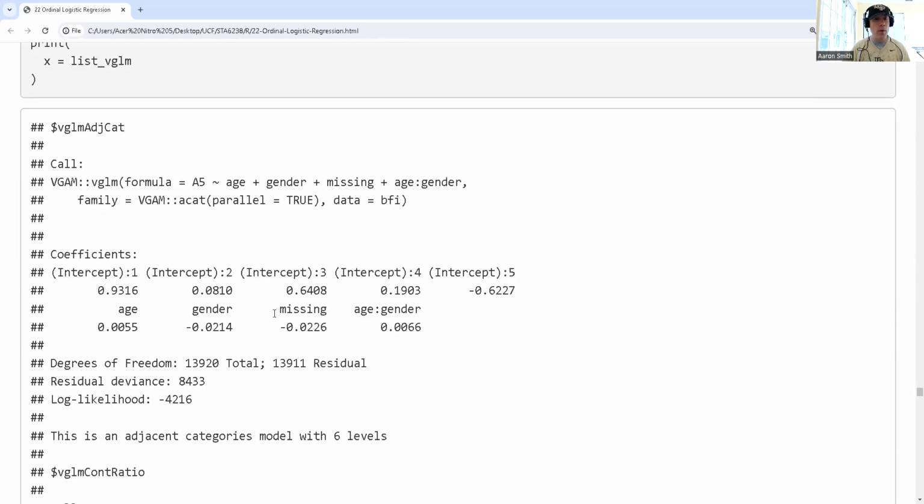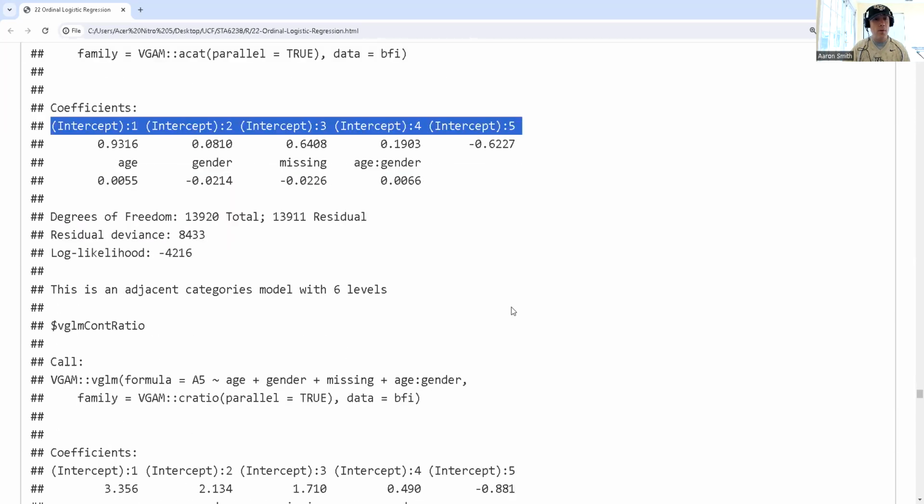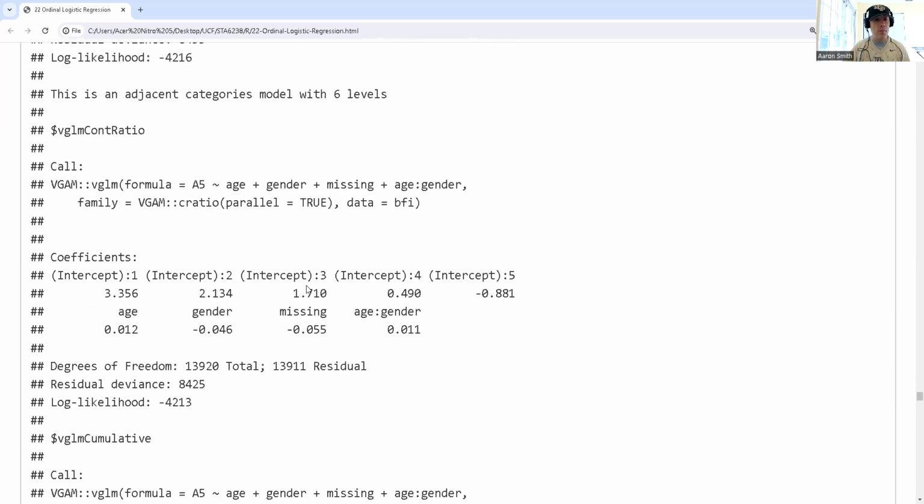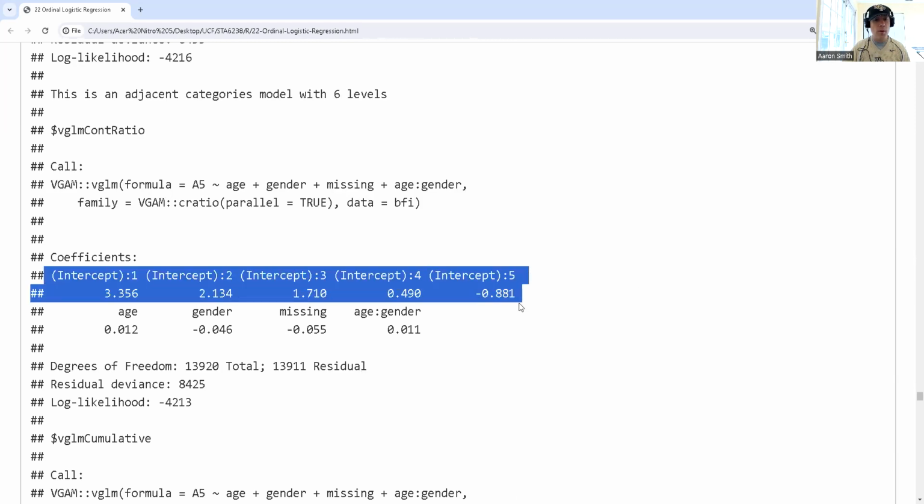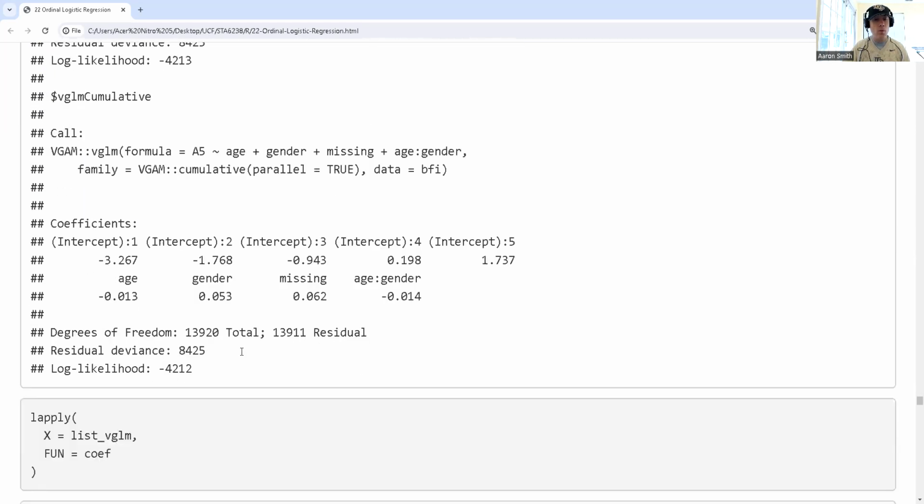And so we can see our intercepts. And here we have our intercepts again. And so there's a good amount of flexibility. So basically, this is just modifying how the linkage function is built up in relation to each other, how it's fit.